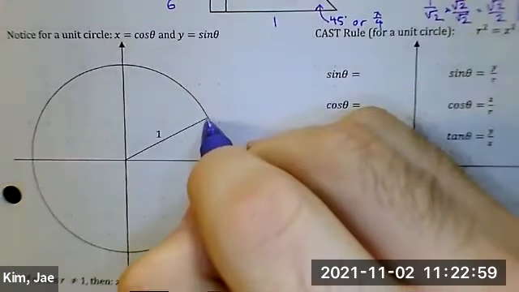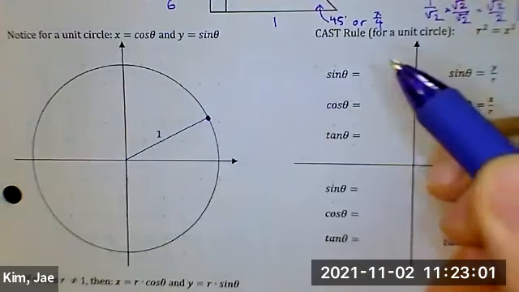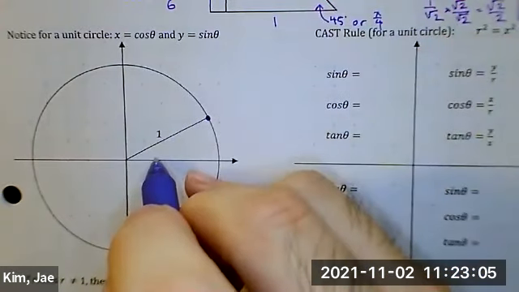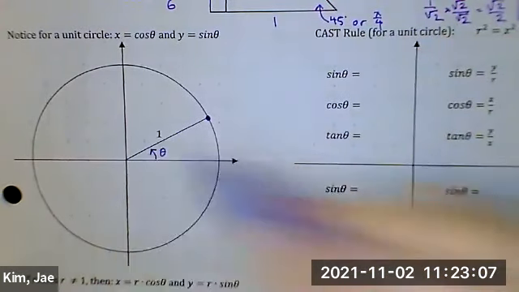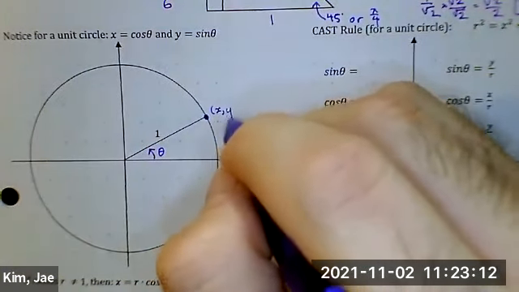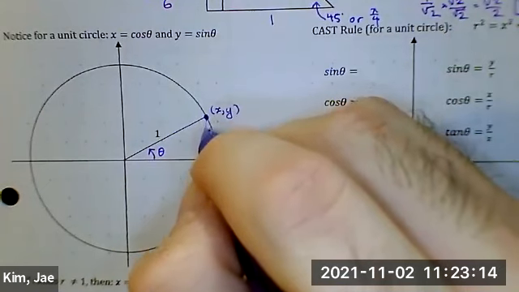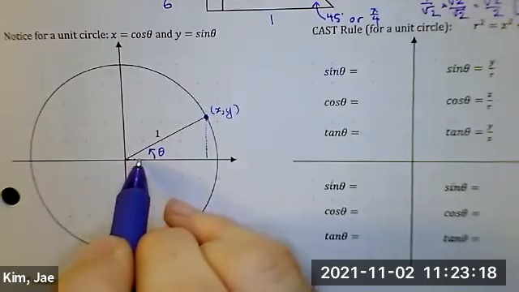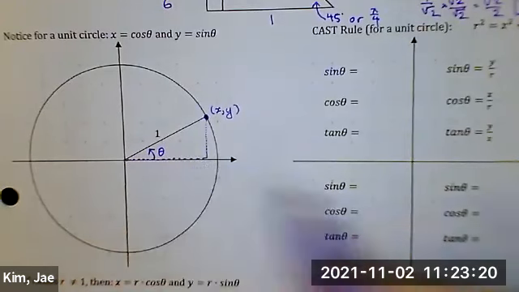Please remember, on a circle, on a given point, if I rotate a certain angle right here, that point of X and Y represents the height of my triangle and the base of my triangle.